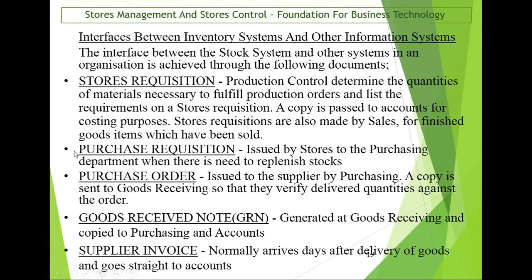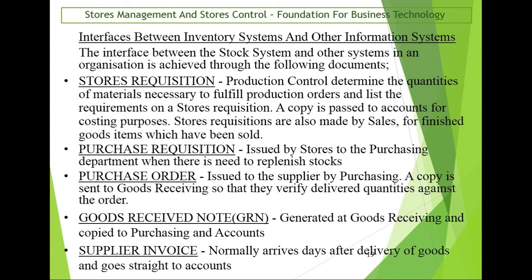Then once the purchase requisition has been approved, the purchasing department will then raise a purchase order, which is now communicating the organization's request to an external supplier. So the purchase order is our way of communicating our request.